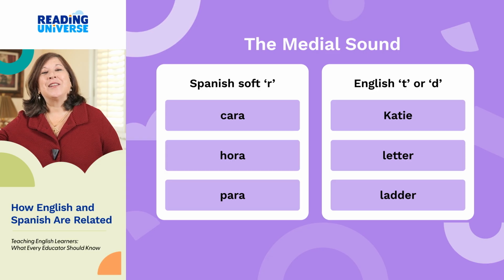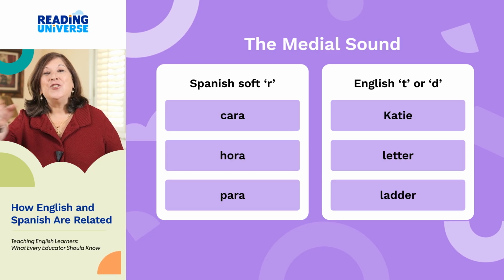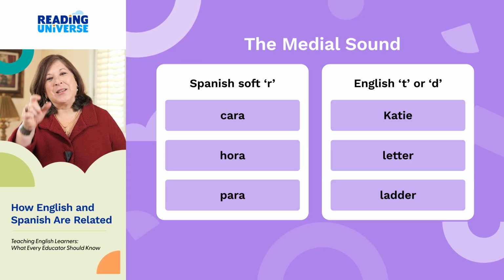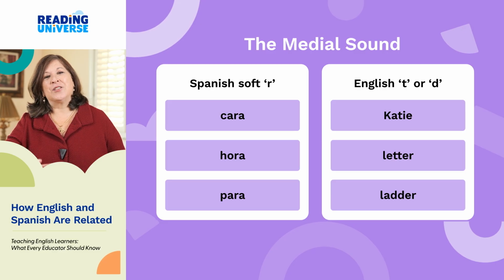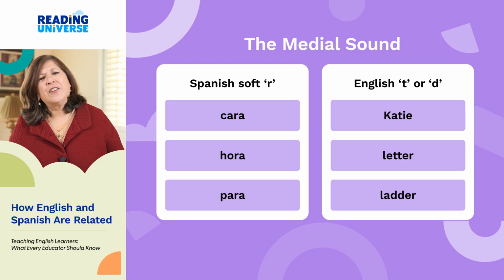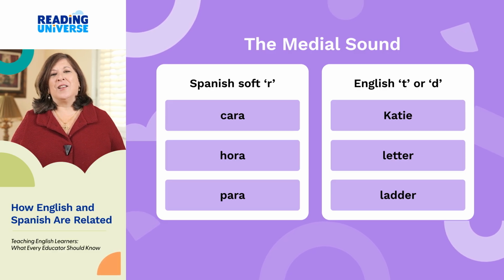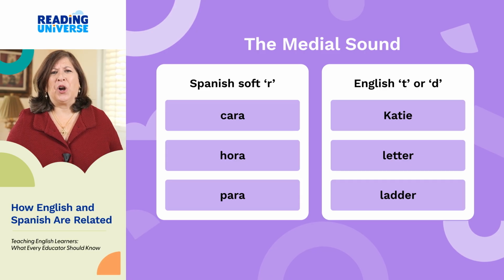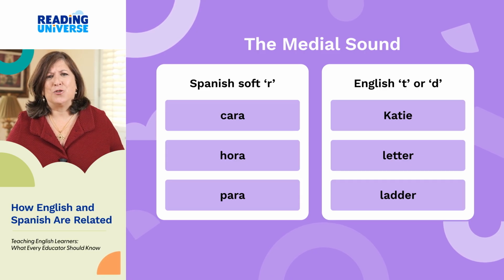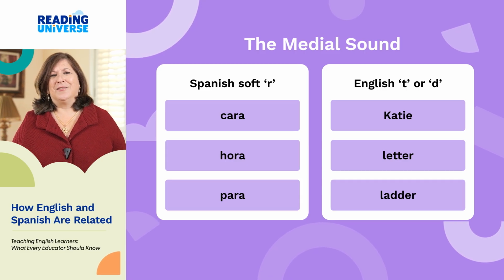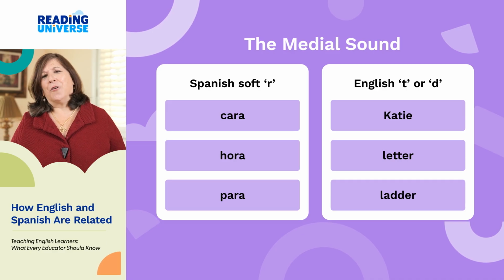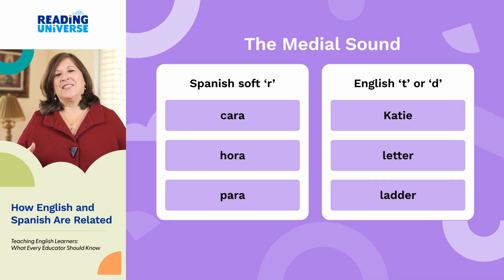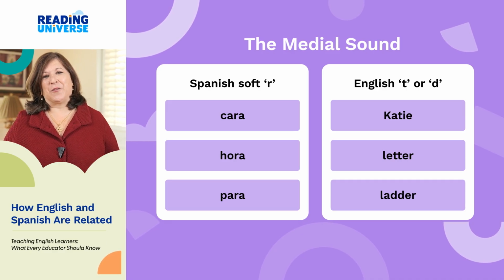You're just using your letter from your home language. The new letter is going to be either T or D in that medial position between two vowels. A lot of instructors don't understand why they put an R in place of a T or a D. That makes no sense. I thought they trilled every R. No, there's a soft R that is the English medial T and D sound.